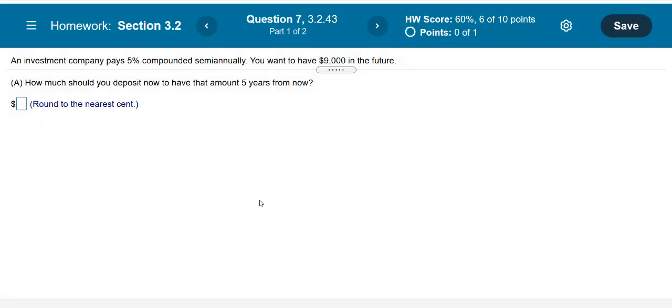On number 7, we're using the compound interest formula, and we're trying to find the amount in the beginning that will give us 9,000 in the future, meaning in 5 years. So we're going to use the 9,000 in place of the A in the compound interest formula.